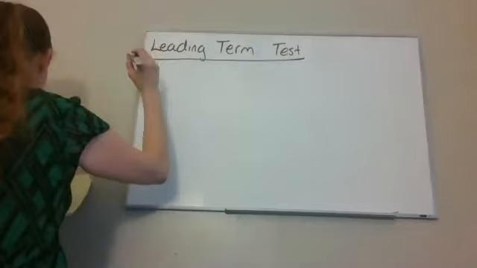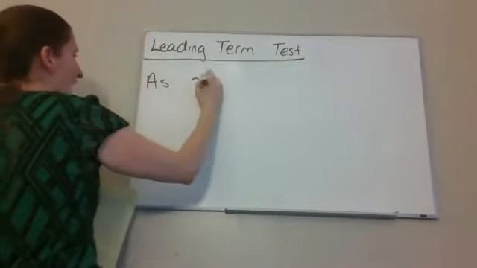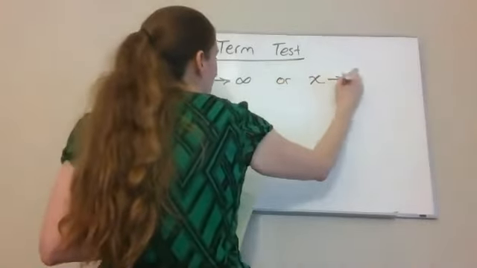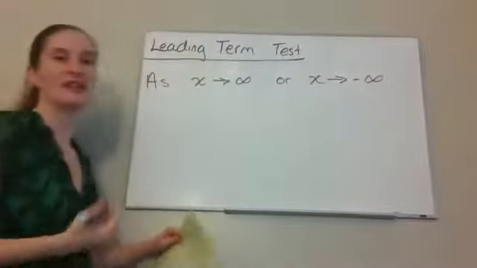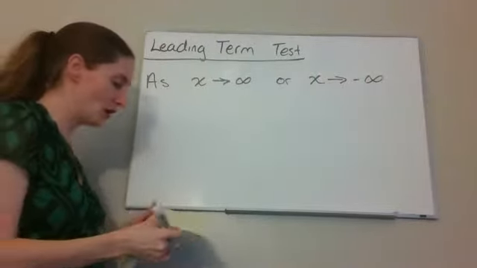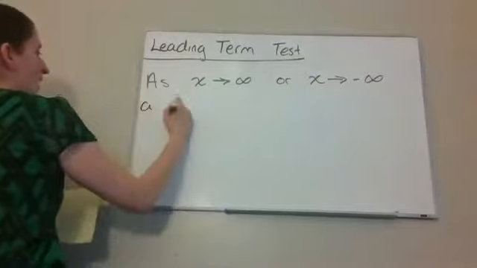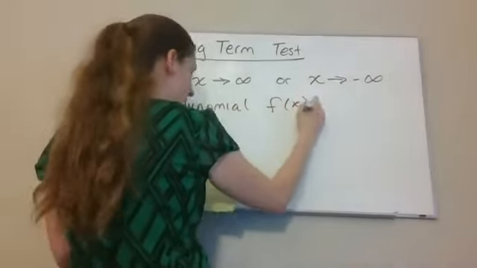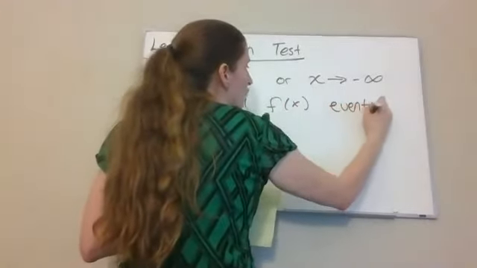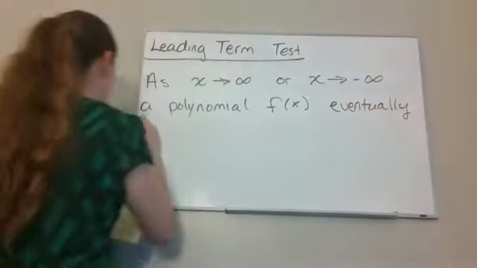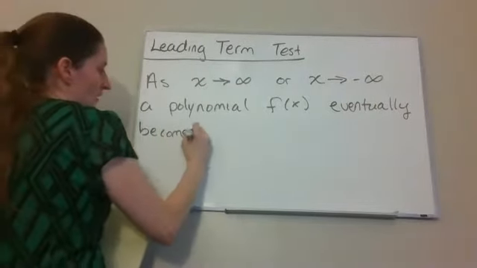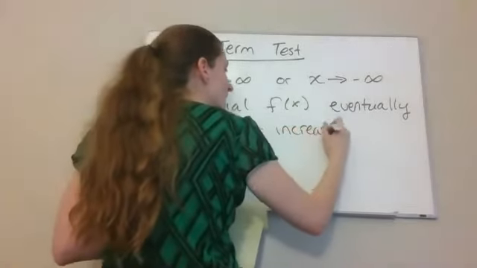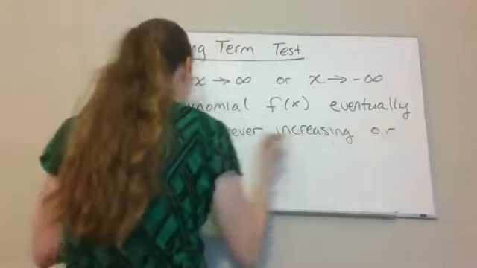So the leading term test says as x approaches infinity or x approaches negative infinity, so as x gets really, really big or really, really small, a polynomial f of x eventually becomes forever increasing or forever decreasing.